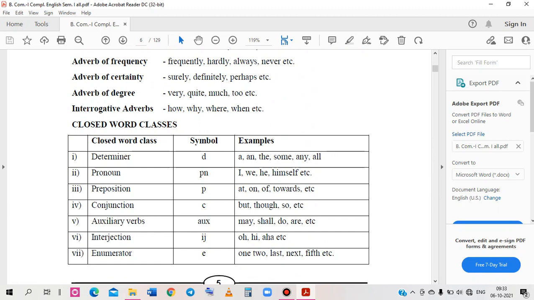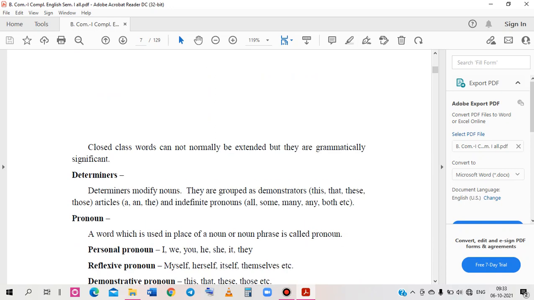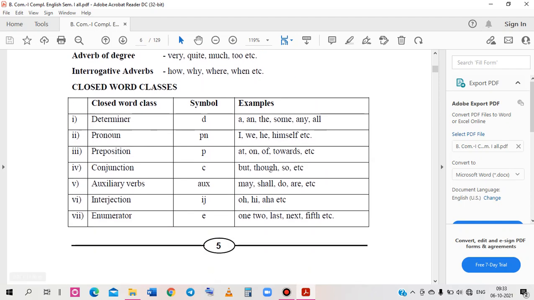Determiners, for example, a and the, these are the articles; some, any, all. Sorry, it shows indefinite pronouns: all, some, many, any, both, and they are included in the determiners. Then the pronouns: I, we, he, she, himself.